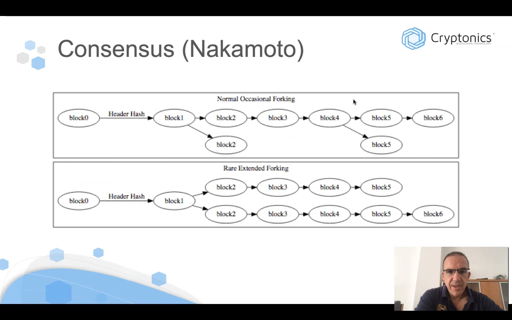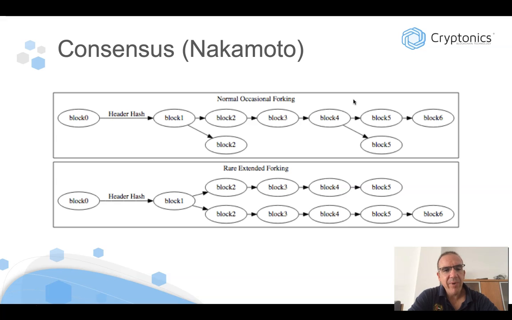So when it comes to consensus, there are several ways of doing this. So basically we have decided who the next block producer is. And occasionally there might be two block producers at the same time in proof of work or very close together.